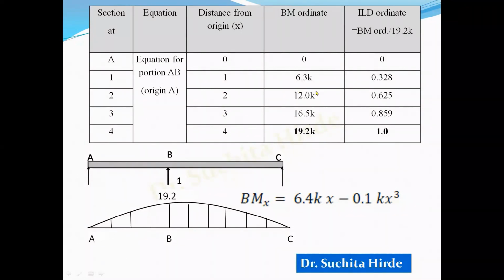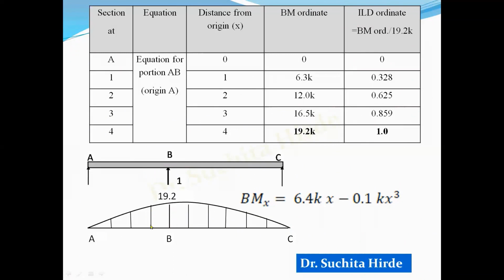We will get these values. So what do these values represent? These are the bending moment ordinates in the conjugate beam. So you know that bending moment in the conjugate beam is deflection in the original beam. So these values are nothing but the deflection due to this unit force. This 19.2 K is this value.